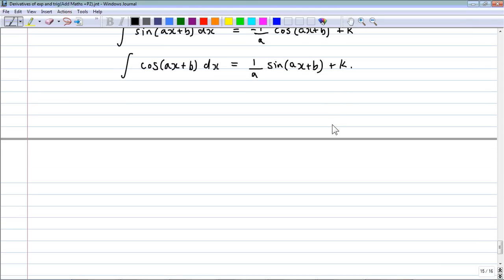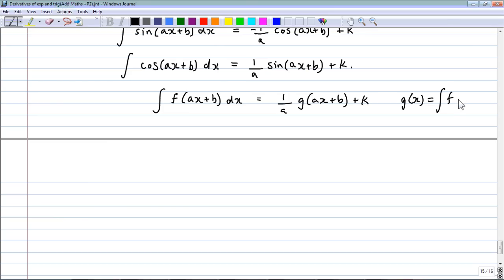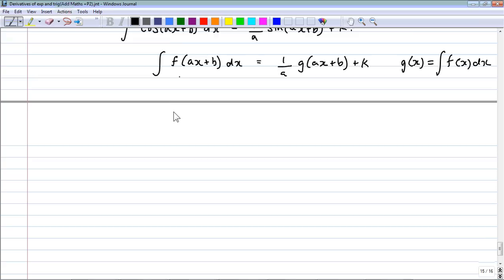And you can write the same kind of formula for any case where you have a composite function, where g of x is equal to the integral of f of x dx. It will always work.